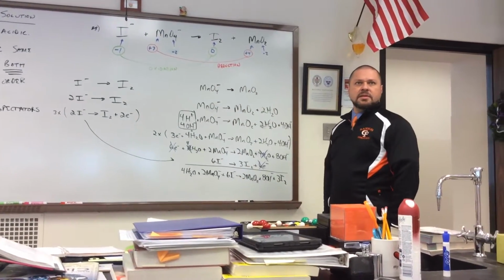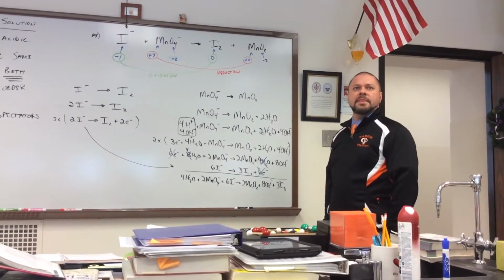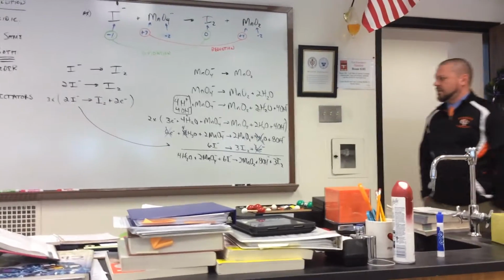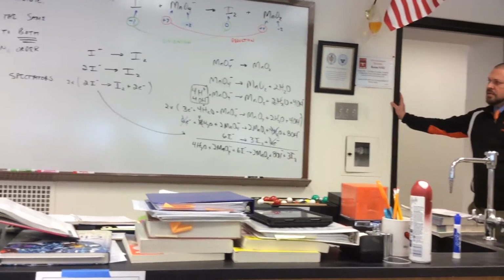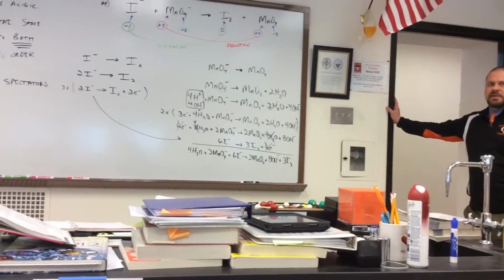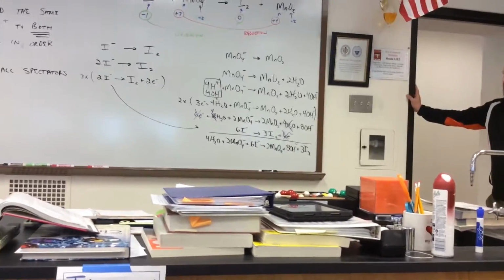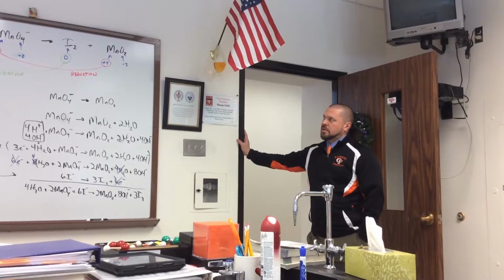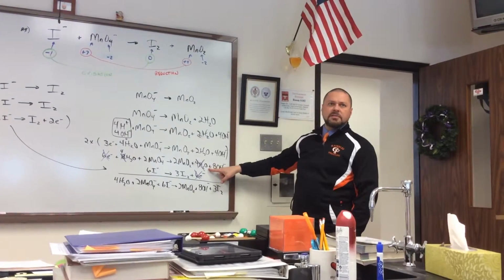Good here? Okay. For the last step, the spectators, would they have to be the exact same as the original equation? How do you mean? Like when we get the answer at the bottom, to eliminate spectators, would they have to be the exact same as the original equation? No, because there was no water in the original equation to begin with.